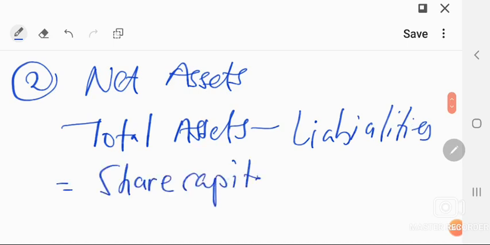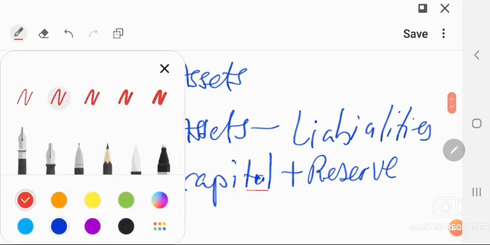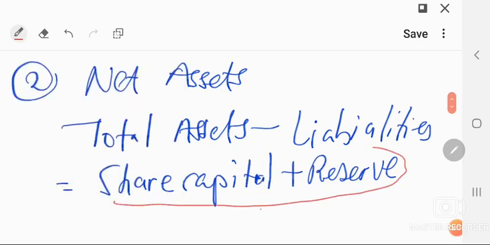This is the one we'll be working with a lot in our consolidation of financial statements, which I'm circling in red, because that will be our prime focus. This topic works mostly with share capital and reserves. What is reserves made up of? You have share premium and your retained earnings.